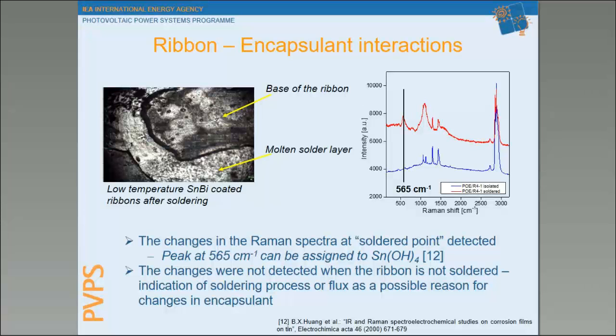So we assume that actually the flux is causing this chemical reaction, and we are currently looking more into detail if this sooner or later shows problems in the electrical performance. But I put this in just as a nice example of how certain processing steps and also processing aids like flux can influence reliability or can cause changes in material.